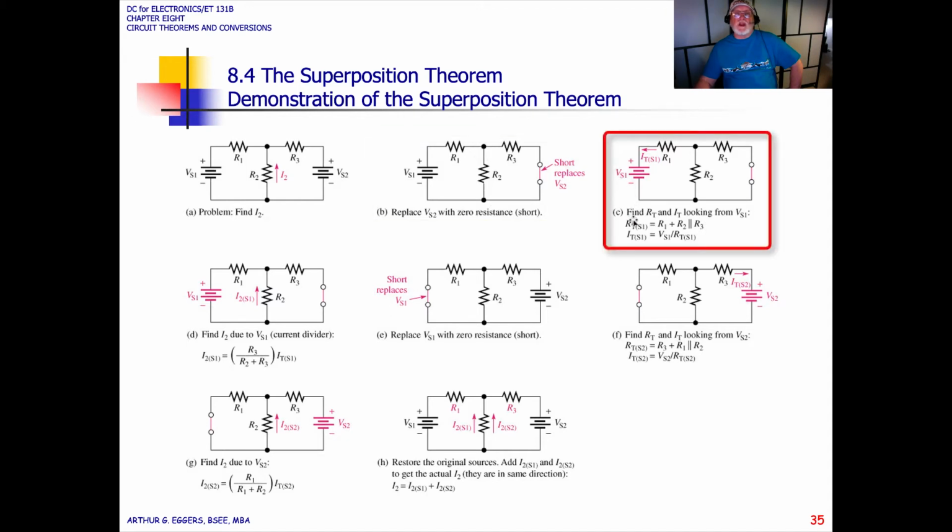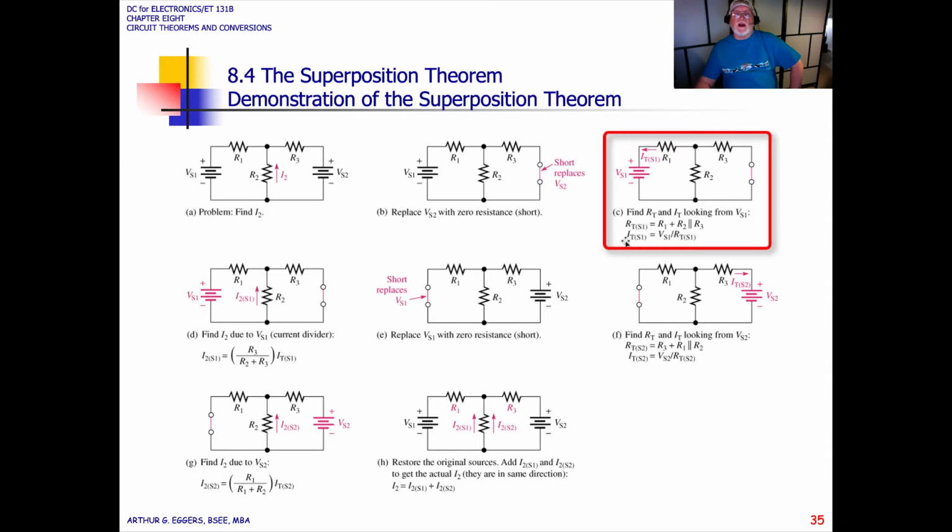The third step says we're going to find R total and I total, looking from the source, VS1, into the circuit. R total for source 1 equals R1 plus R2 in parallel with R3.